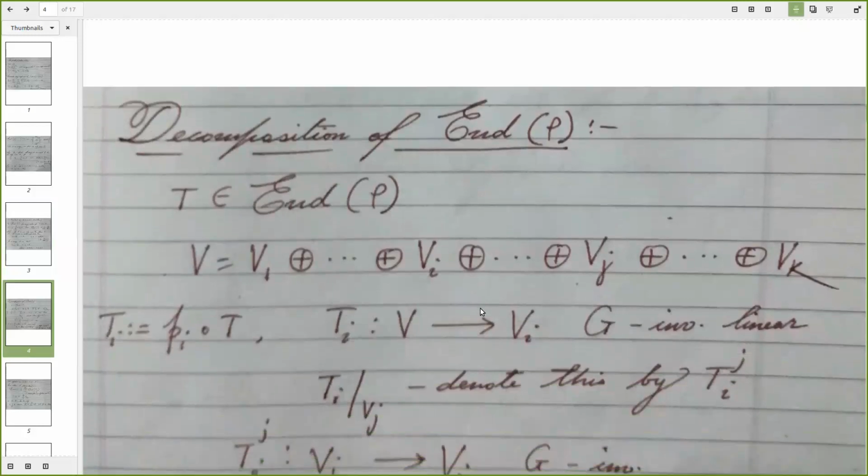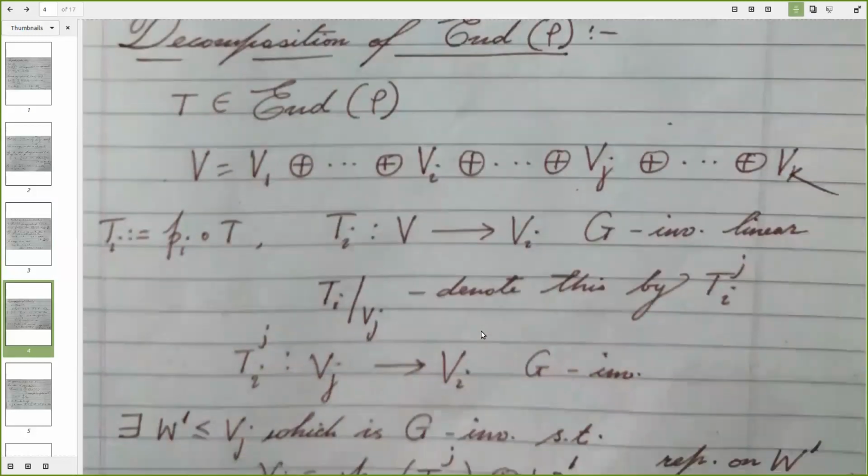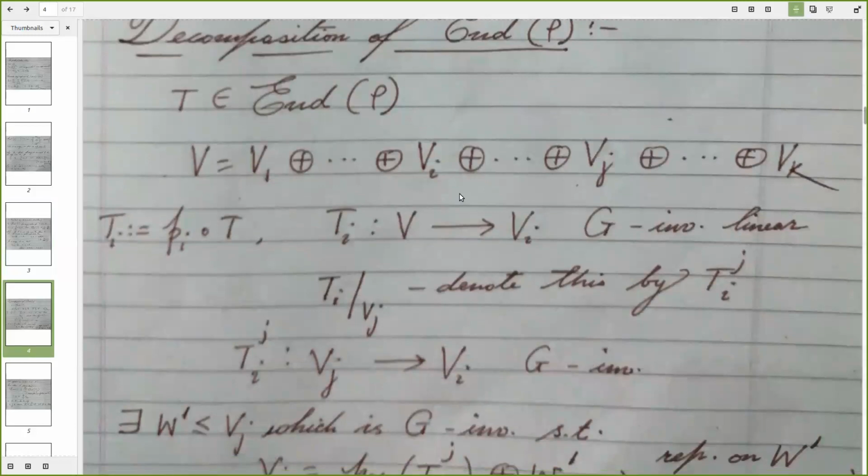Now we will talk about the decomposition of the ring of endomorphisms. So let T be a G-invariant linear map from V to V. Recall that we have the canonical decomposition.